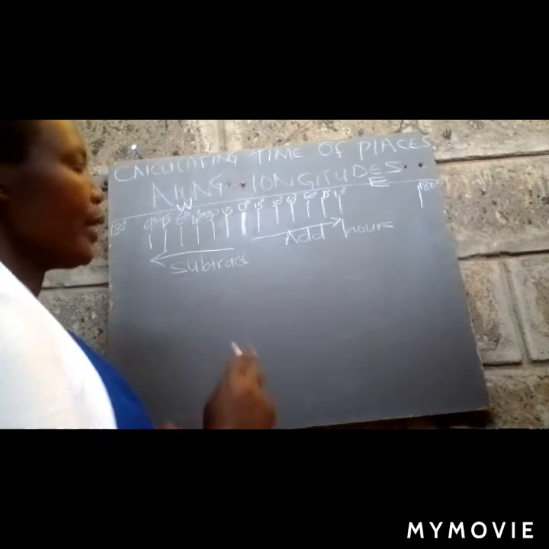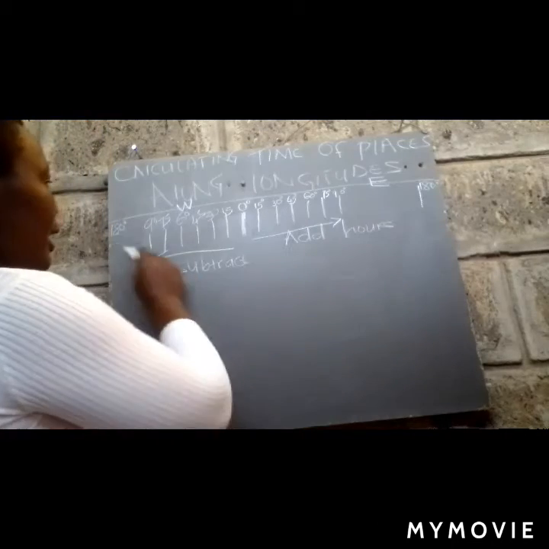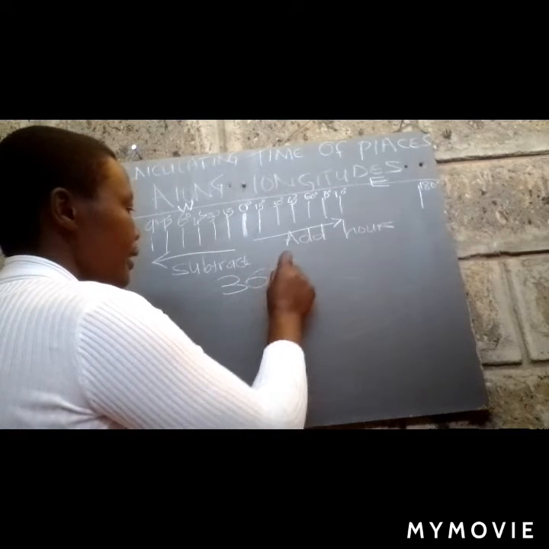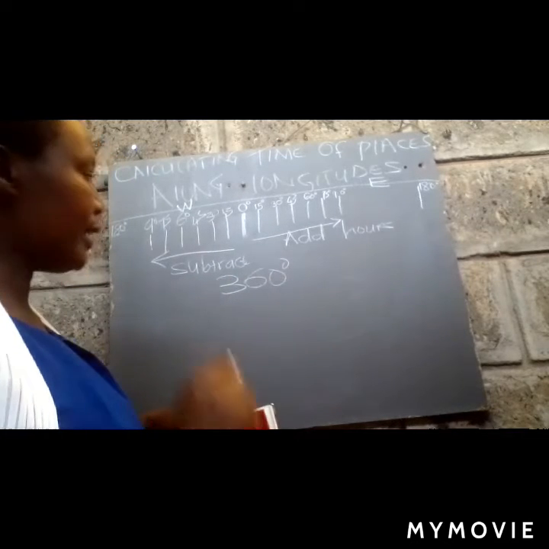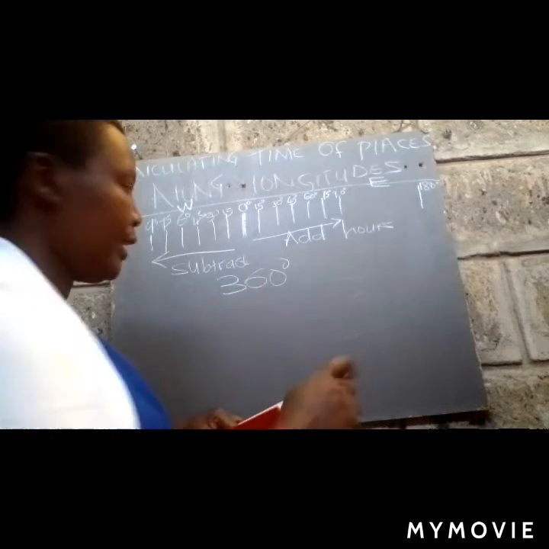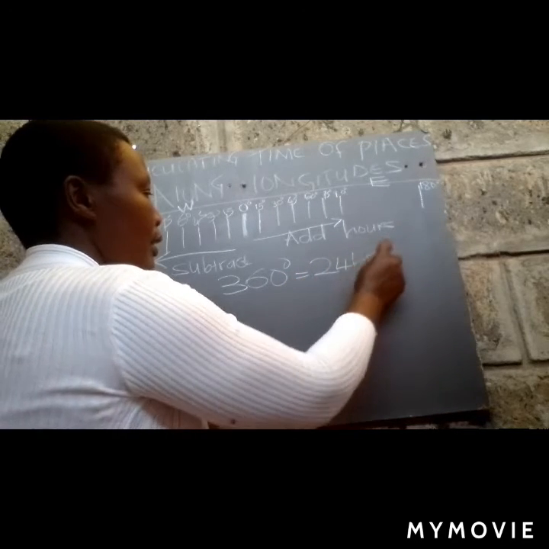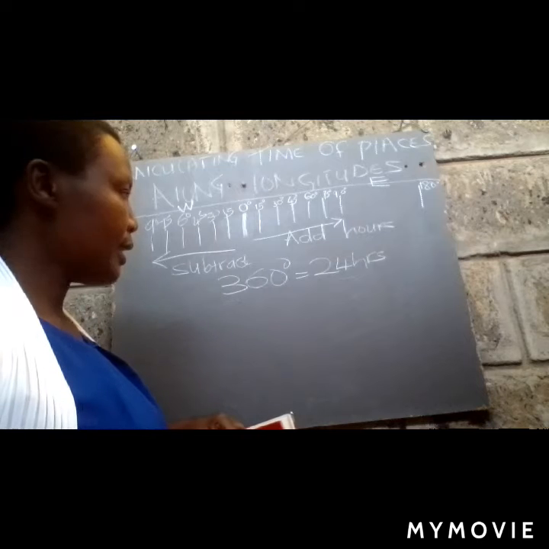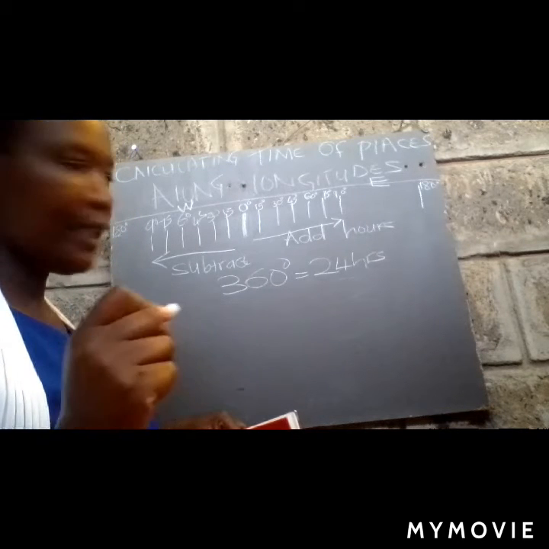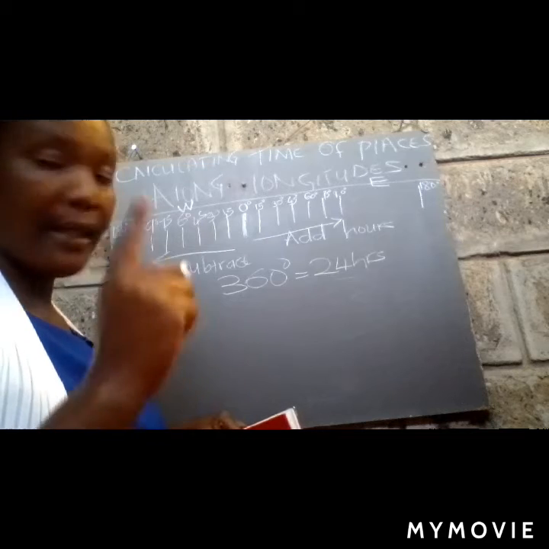We have said this is 180 degrees and 180 degrees. They make 360 degrees. That is the degrees the earth rotates in 1 day. 1 day has 24 hours. Now I wish we calculate how many degrees the earth rotates in 1 hour.